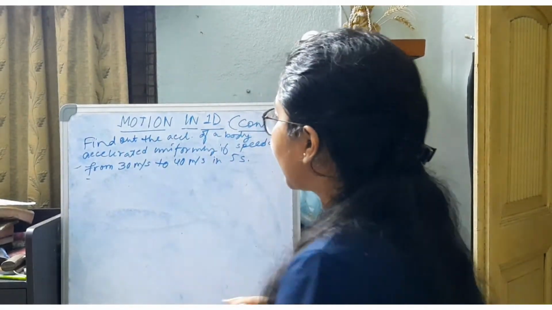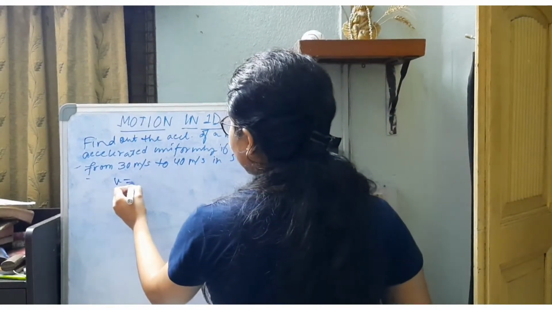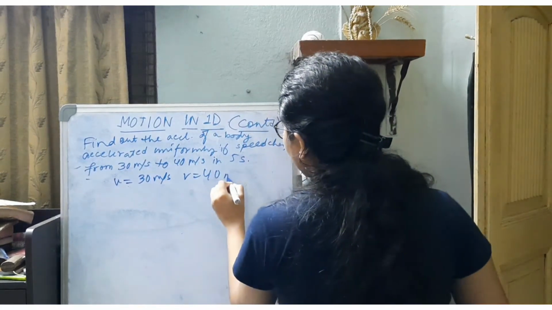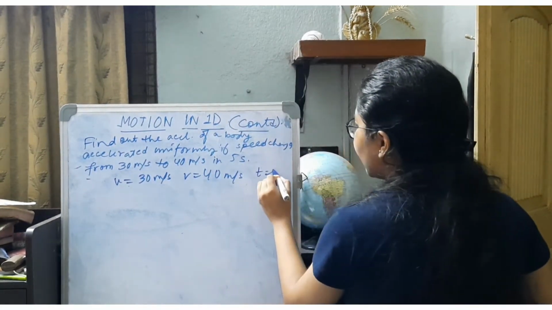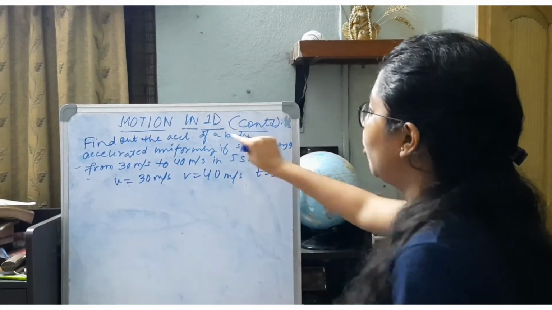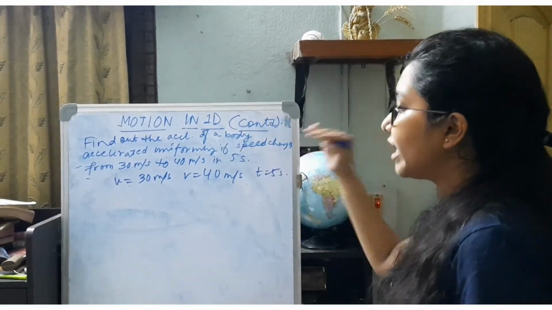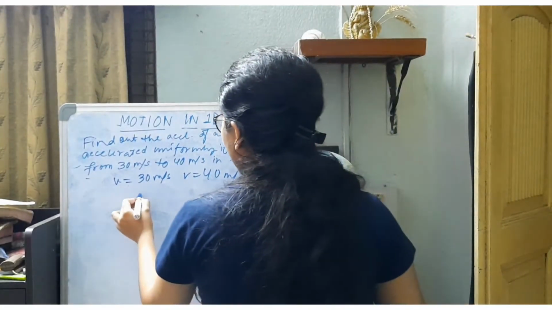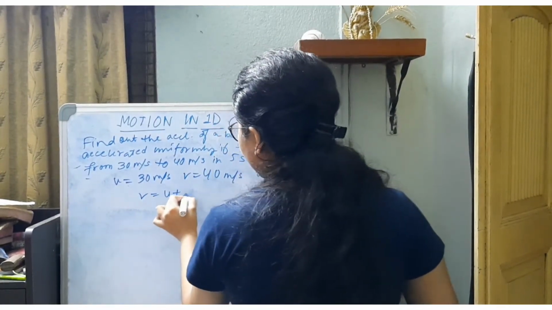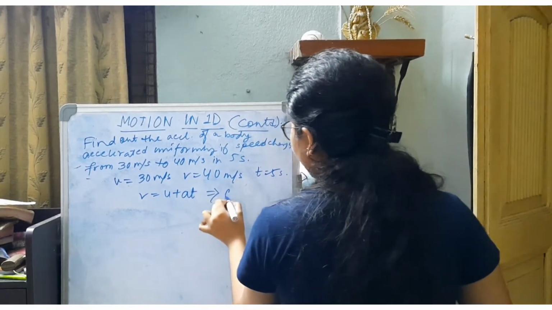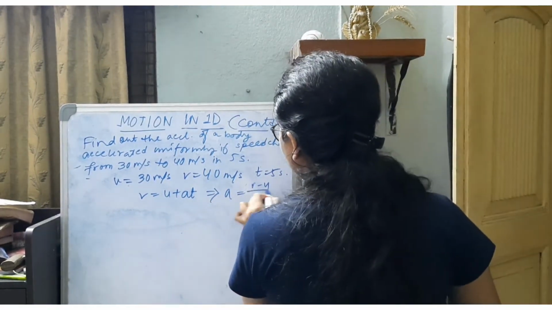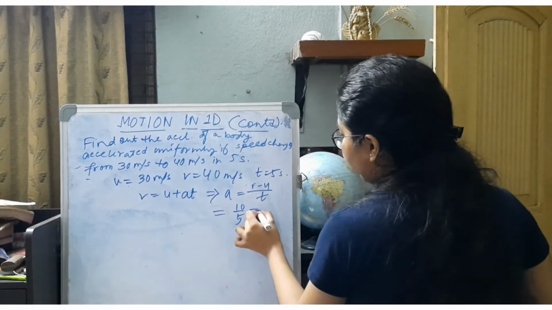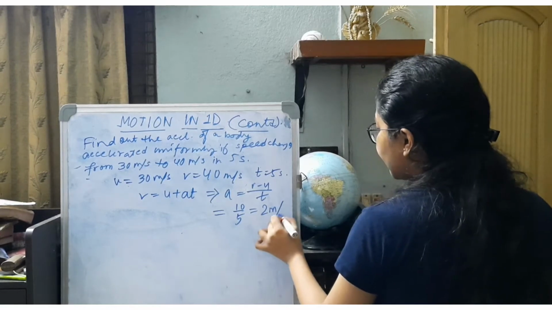As you can see the given data, u is 30 meter per second, v is 40 meter per second and t is 5 seconds, and we have to find the value of acceleration. So we can understand that the first equation needs to be used. So v is equal to u plus at, and as a result acceleration is (v minus u) by t, that is (40 minus 30) by 5, which is 10 by 5, which is 2 meter per second square. Okay.